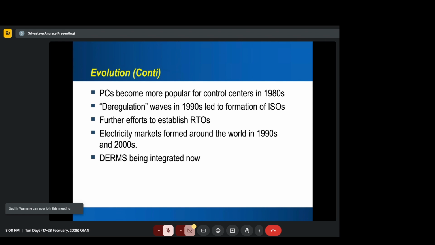Another thing that happened in the past was deregulation, or the market, and that came in 1990. That resulted in a different set of software being installed in the control room to monitor the market.